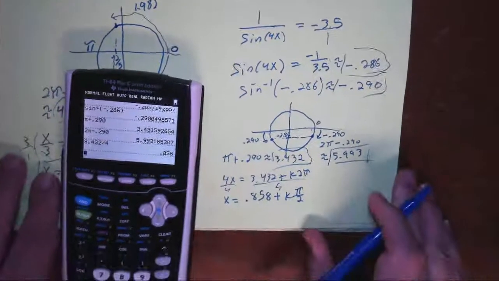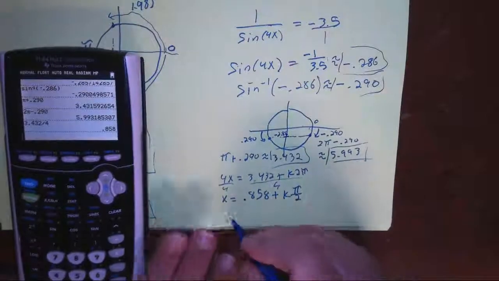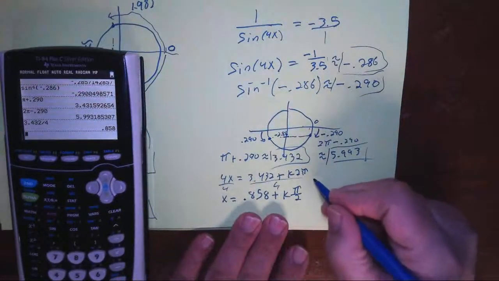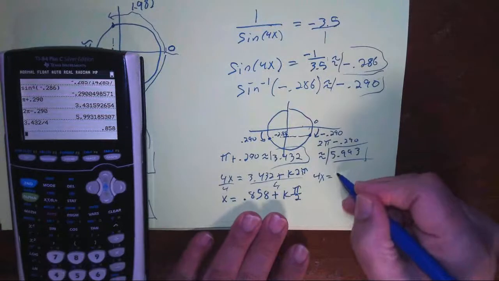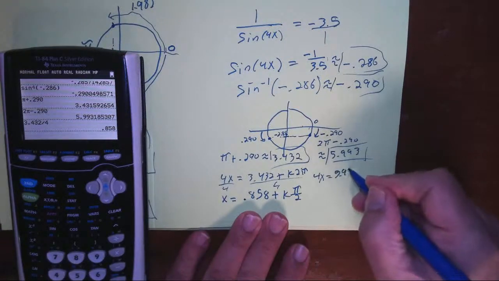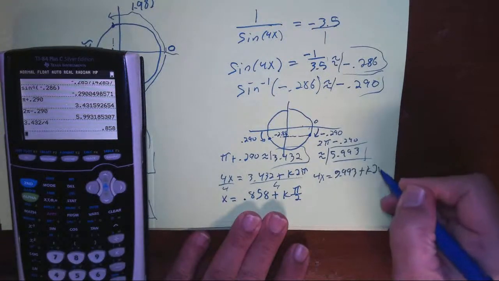Now the other solution, I'm really going to be squeezing it in there. I'm going to try to write it over here. I get 4x is equal to 5.993 plus k times 2 pi.